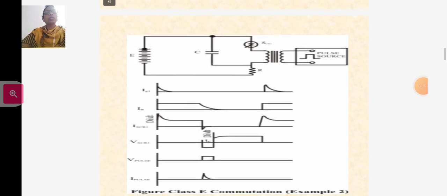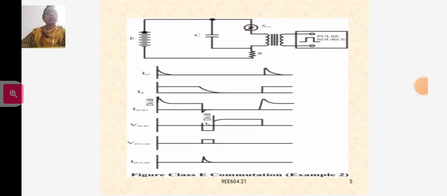Here, this is the circuit diagram for class C commutation.